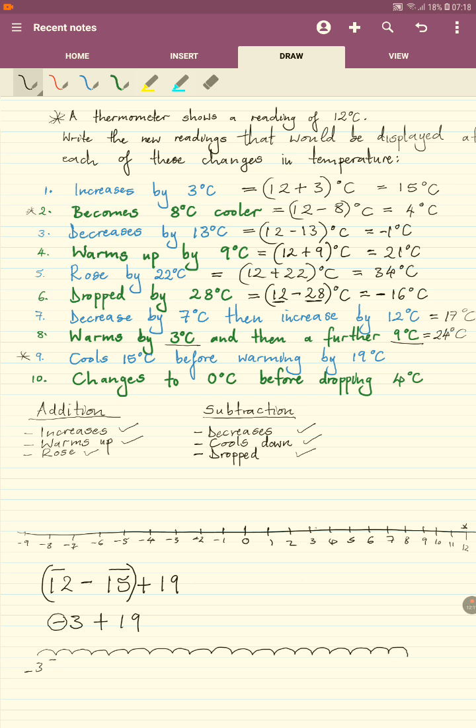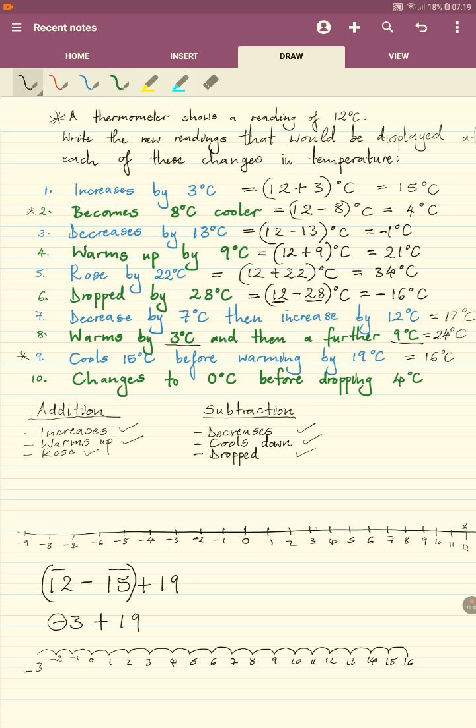So here this is minus 2, minus 1, 0, 1, 2, 3, 4, 5, 6, 7, 8, 9, 10, 11, 12, 13, 14, 15, 16. So you're going to get your answer is 16 degrees Celsius.